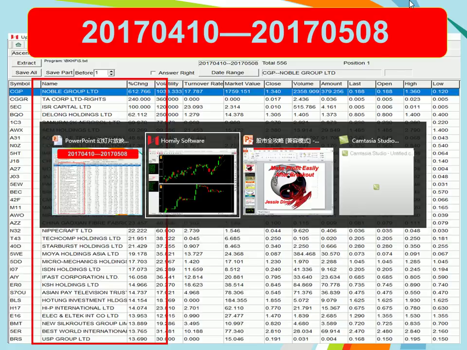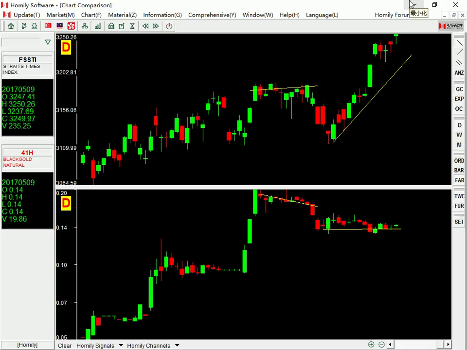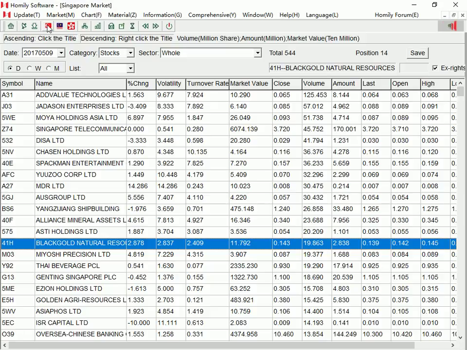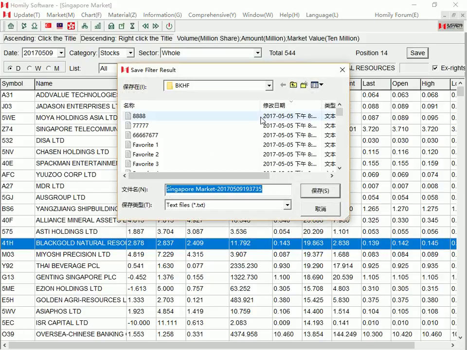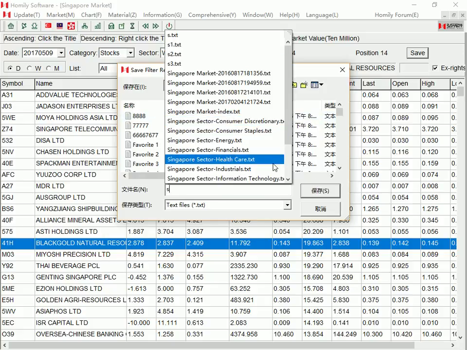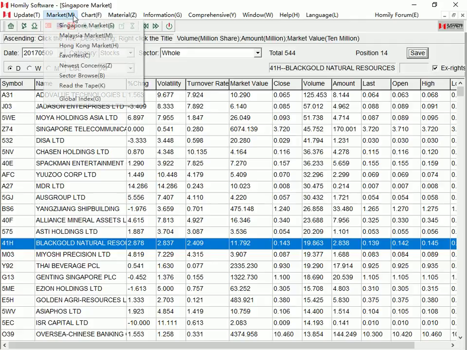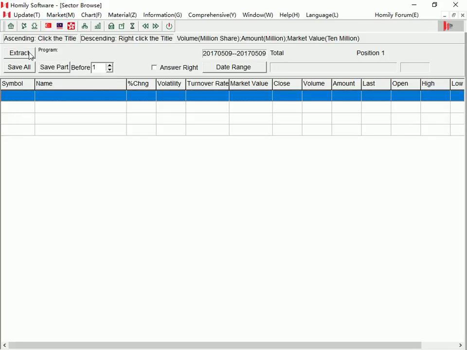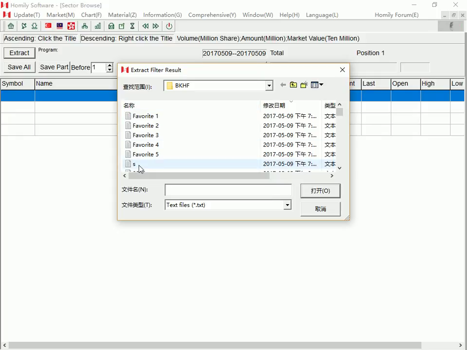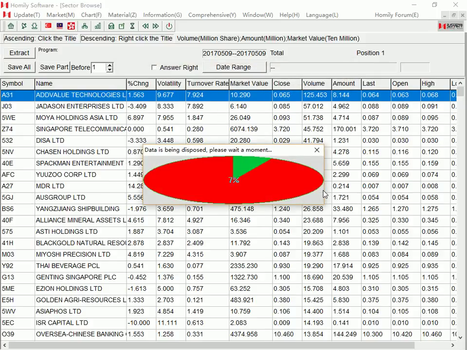Okay, then how to do that? Firstly, we click Market, then we click Save. Then maybe we click the name to S. Click Save again. The next one, click Market, Sector Browse. Then we click Extract. Click S, then Open. Here is the data range.